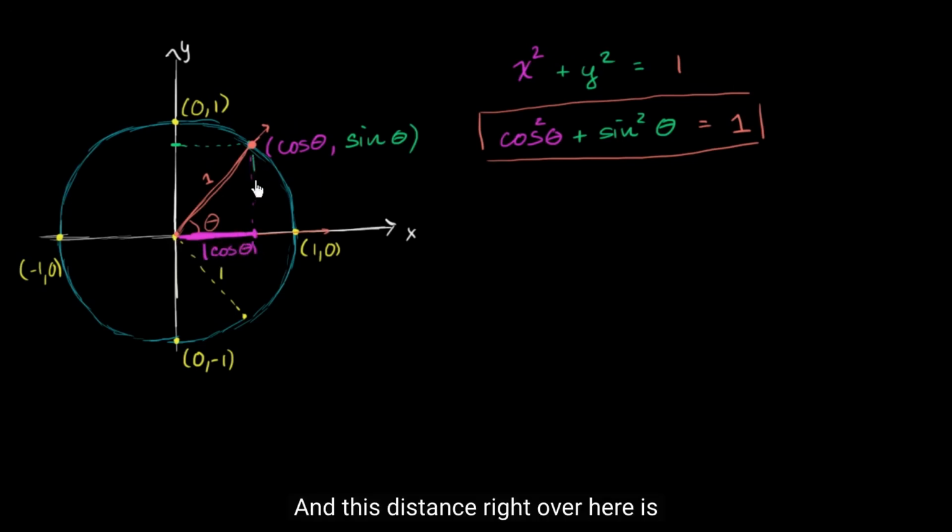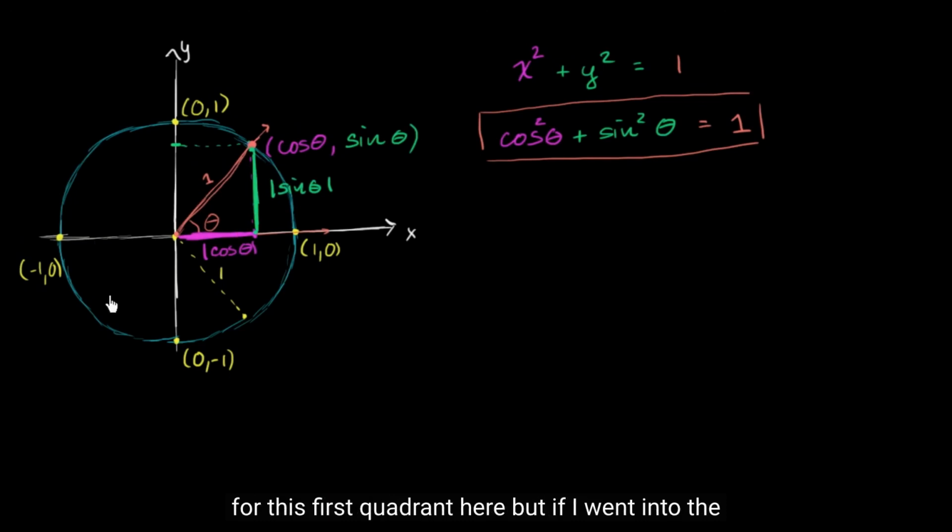And this distance right over here is the absolute value of the sine of theta. I obviously don't have to take the absolute value for this first quadrant, but if I went into the other quadrants and set up a similar right triangle, then the absolute value is at play.